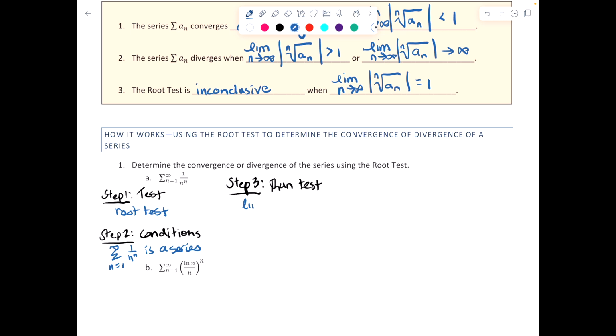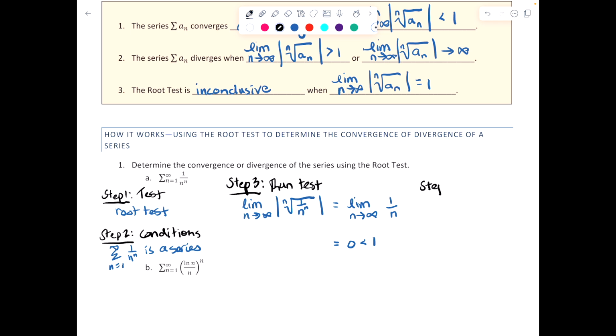The limit as n approaches infinity of the absolute value of the nth root of (1 over n) to the n is equal to the limit as n approaches infinity of 1 over n, which is 0, which is less than 1.